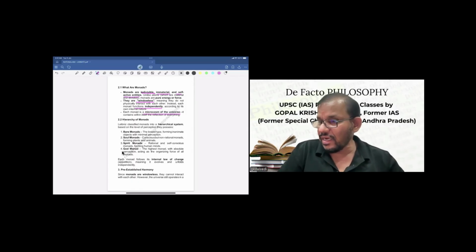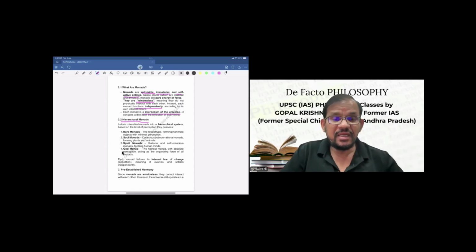Now, as I was telling earlier, there is a hierarchy of monads. Monads are definitely indivisible, immaterial, and self-active entities. They are windowless. All these things are there. But then there is a different hierarchy of monads. First are bare monads, then soul monads, spirit monads, and finally the God monad, which is the highest monad with absolute perception, acting as the organizing force of all monads.